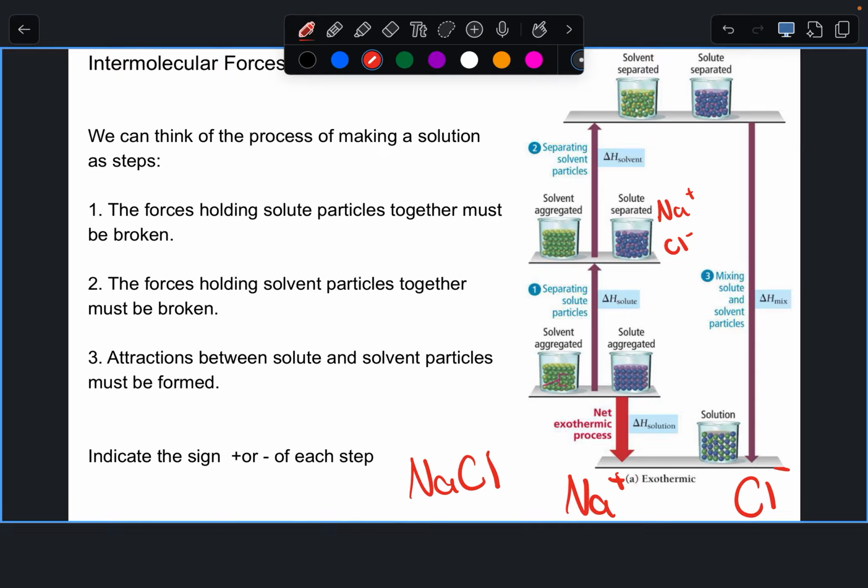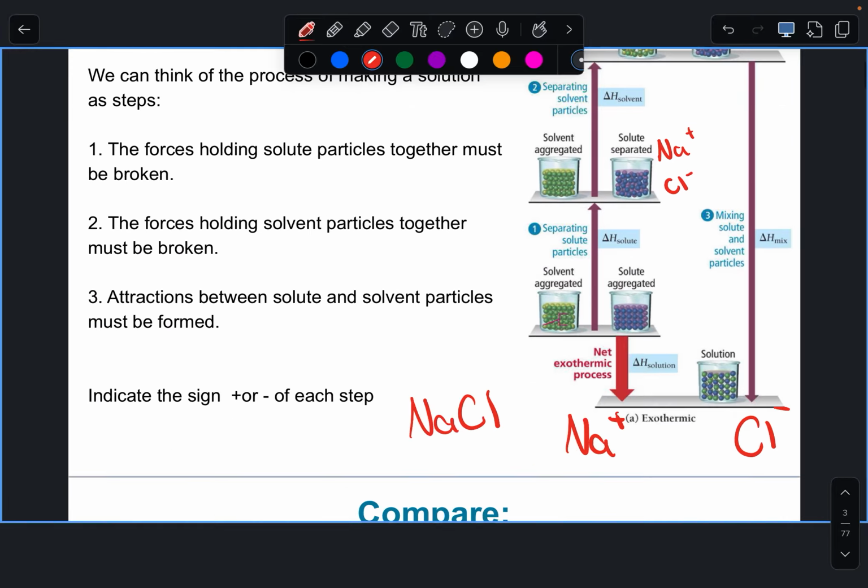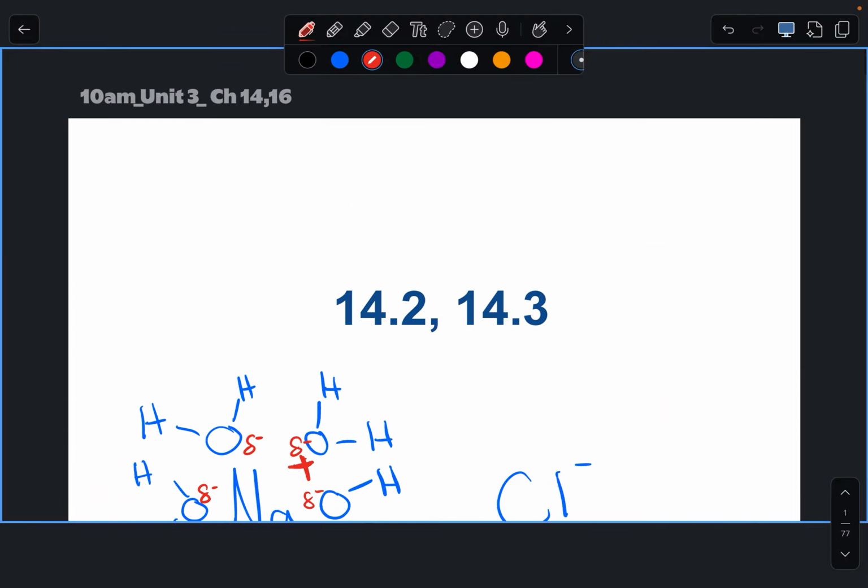If it was something like sugar, you would actually be breaking apart the sugar molecules from each other. So sugar molecules have a lot of those alcohol groups. They're either relatively long chains, or they form a ring a lot of the time, but they have a lot of alcohol groups sticking off of them.